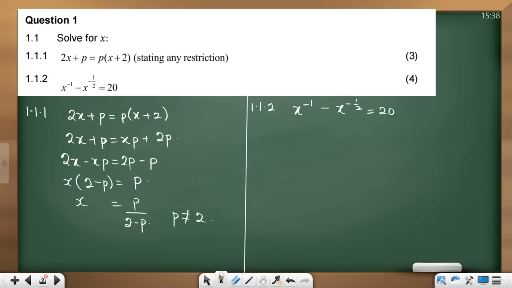The first thing I'm going to do, guys, is minus 20, because this is a trinomial, ax squared plus bx plus c. How do I know it's a trinomial? If you take the highest exponent and divide it by 2 and you get the exponent of the second one, it is a trinomial. Negative 1 divided by 2 gives negative half.